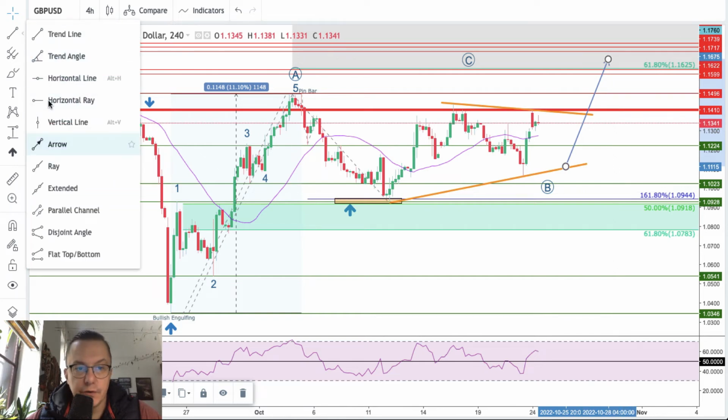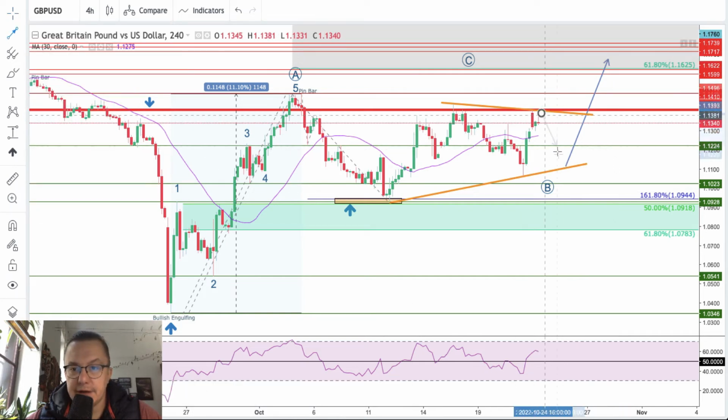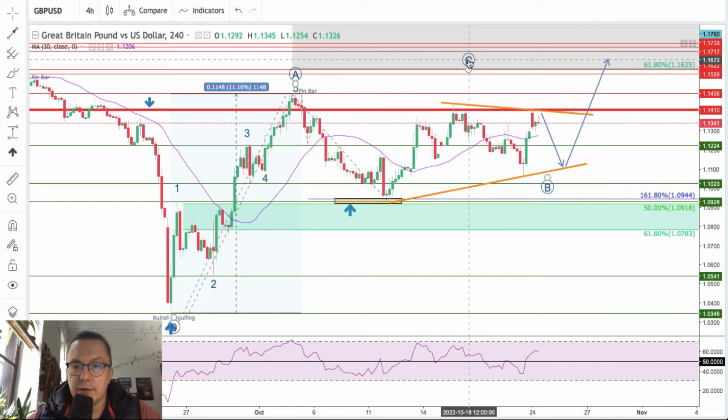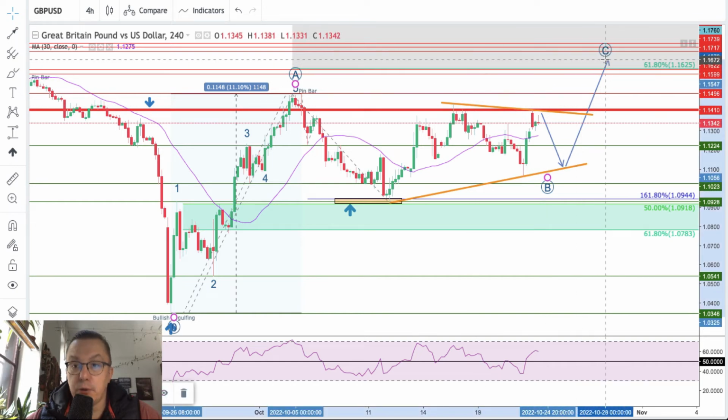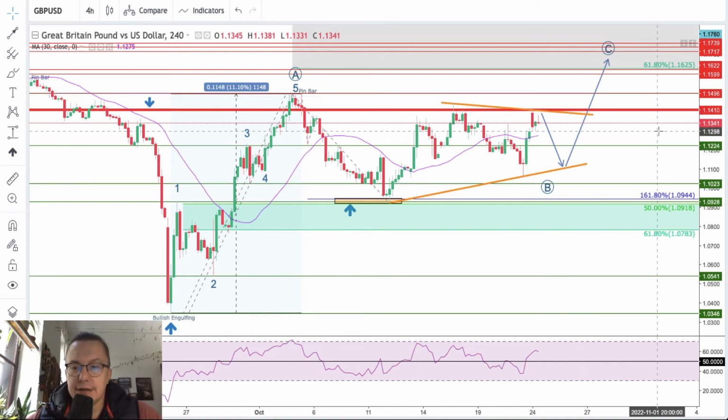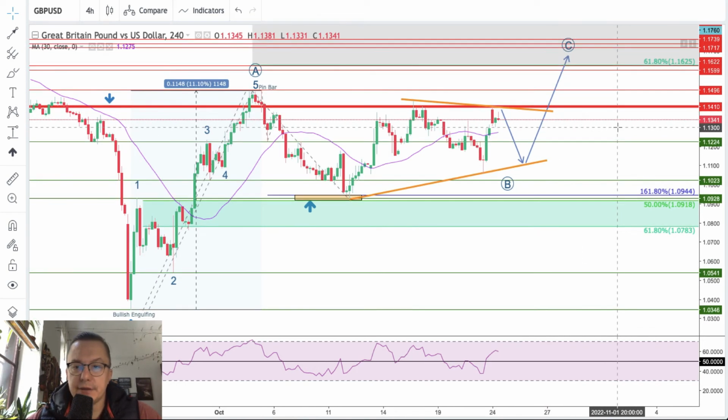Let me just show you this here. What we need is something like that. So we have wave A, B, C, D, E, and then the end of the potential triangle, and the targets for the wave C are still on the chart. Those are all targets, however they are still applicable. So this is how it looks right now.